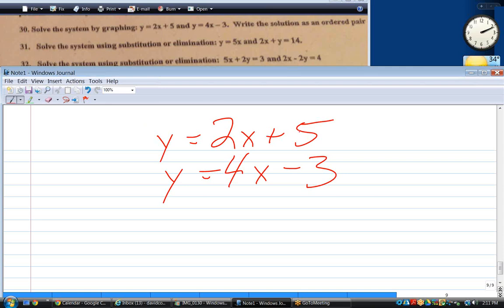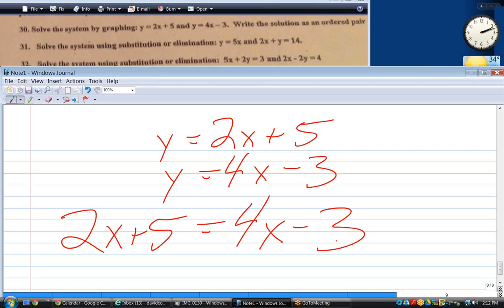If y equals this and y equals this, then you can always say that the one thing equals the other. Remember, this is a system of equations, so the y has to be the same thing. This y is the same as that y. So if I got y equals apples and y equals oranges, then oranges equal apples. When you're solving two equations and they've both been determined by y, it's rare that they give it to you in this format.